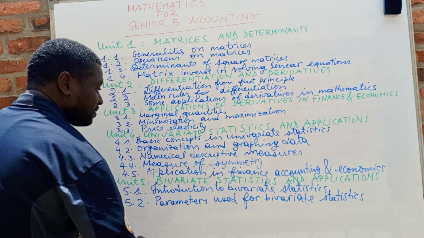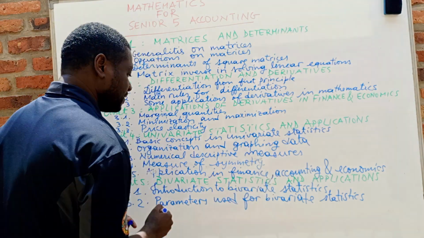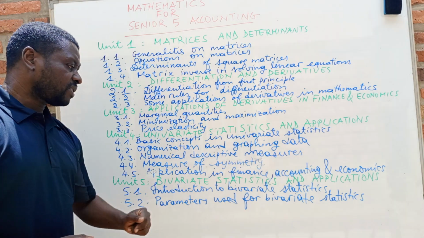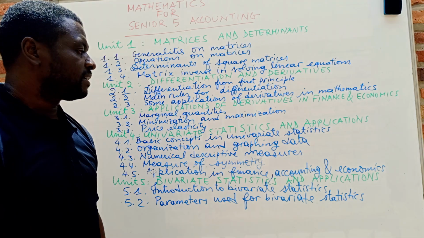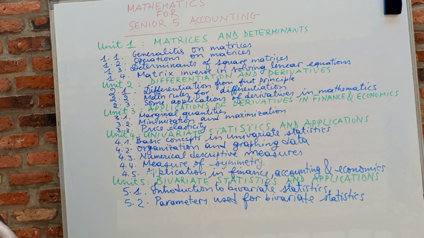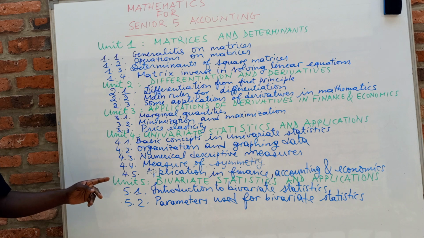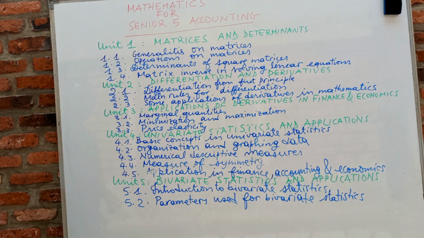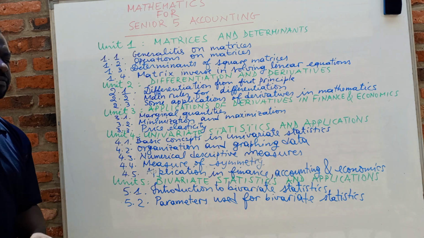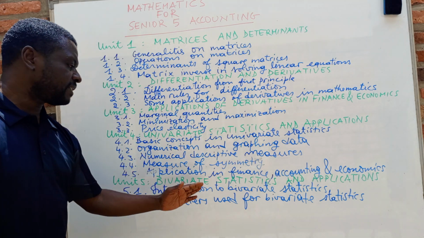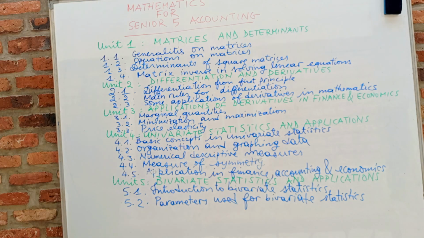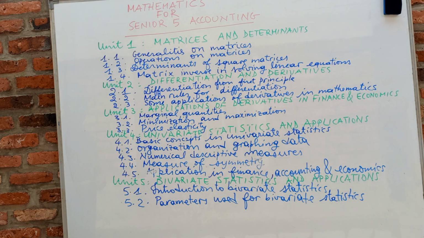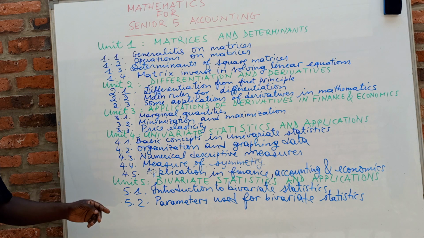Here we will look at some applications in finance, some applications in accounting, and applications in economics. The last unit, but not the least, of course, is unit 5 about bivariate statistics and of course some applications. We have 2 subunits.